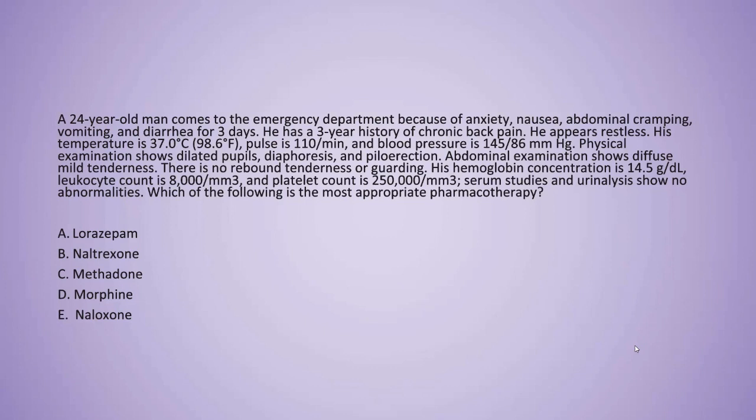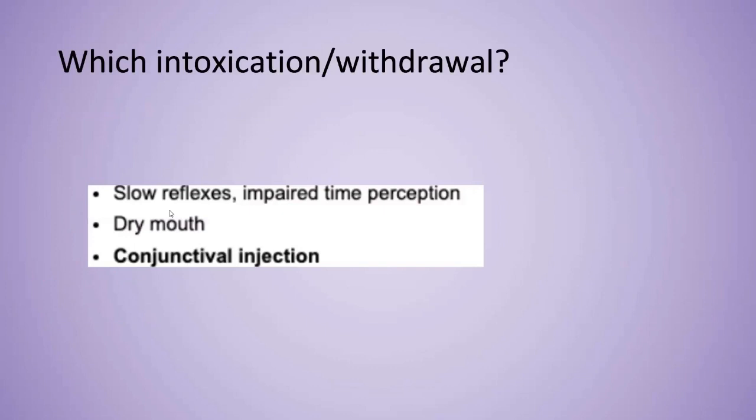C, methadone. Yeah, you're right, definitely. So this is a withdrawal question. Remember, in withdrawal, we give methadone, right? And if it's intoxication and we want to treat it, we give naloxone and naltrexone. Good. Just a quick reminder, even though this is a hallucinogen, not a depressant.